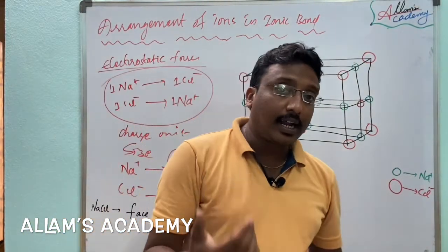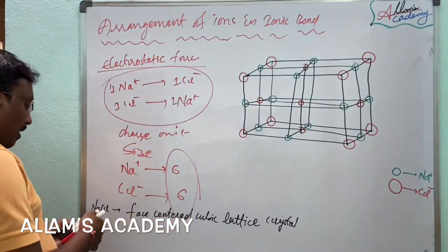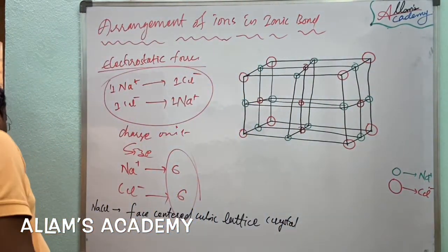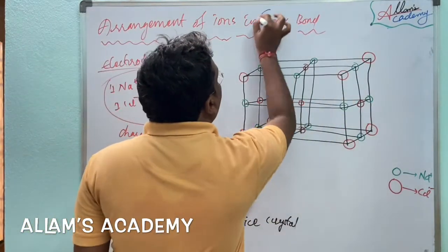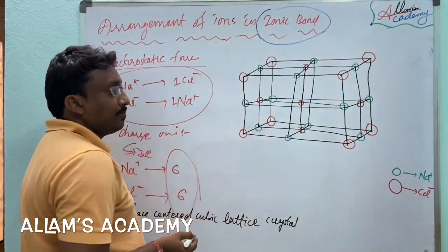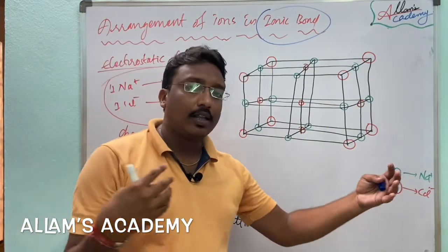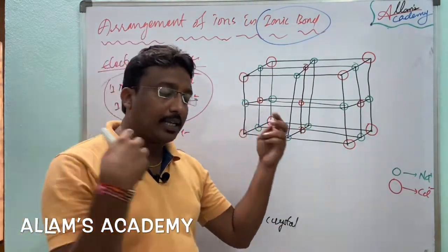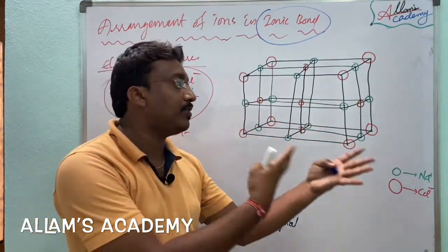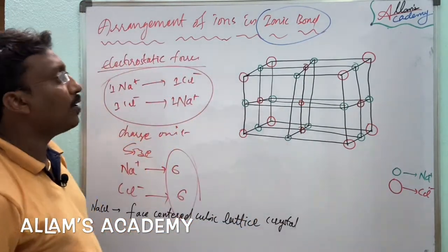And here, what are the factors affecting the ionic bond? What are the factors affecting the ionic bond? Here we know that sodium is a positive ion, so the force of attraction takes place between positive ions and negative ions.